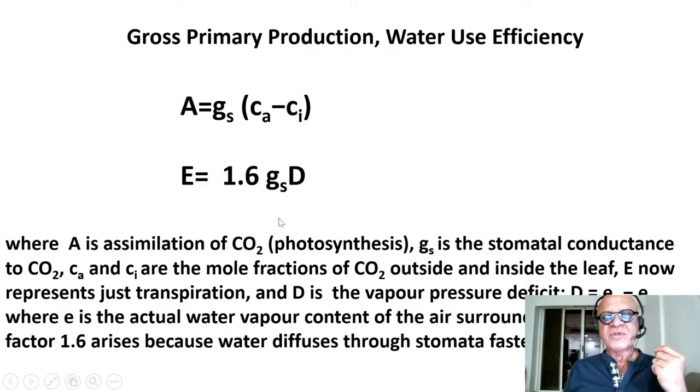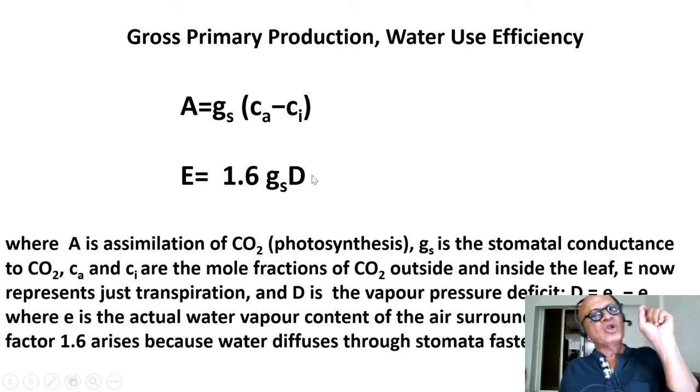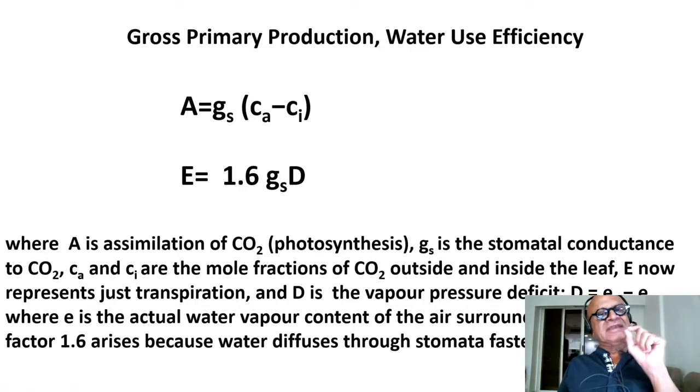D is the vapor pressure deficit. So saturation minus E. So E is the actual water vapor content of the air surrounding the leaf, and ES is the saturation water vapor pressure. So remember we talked about humidity and aridity indices.